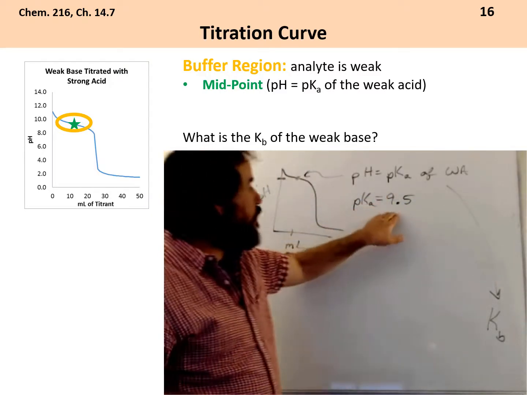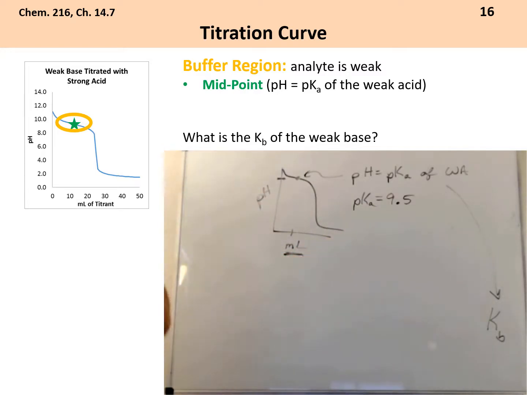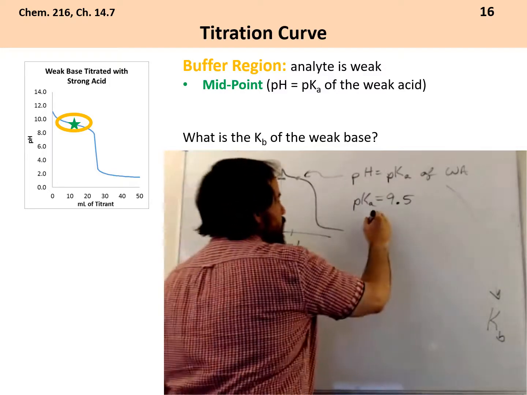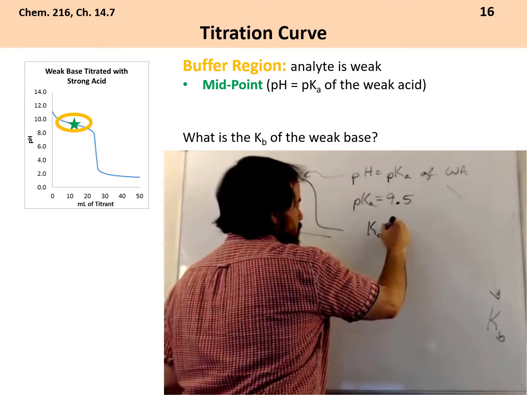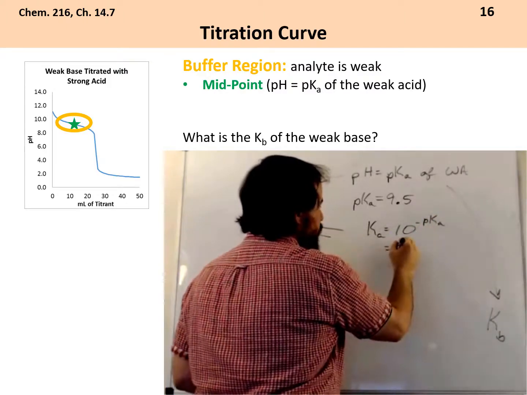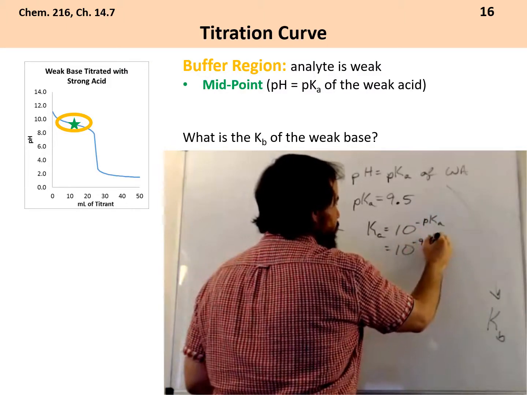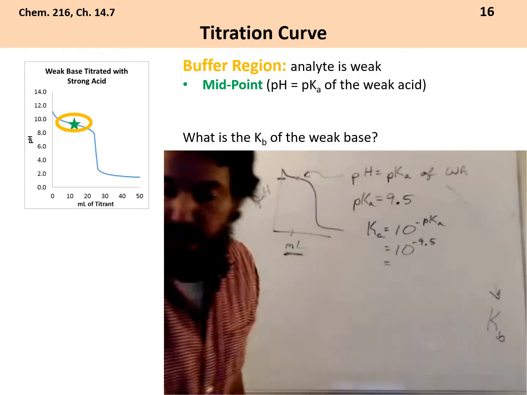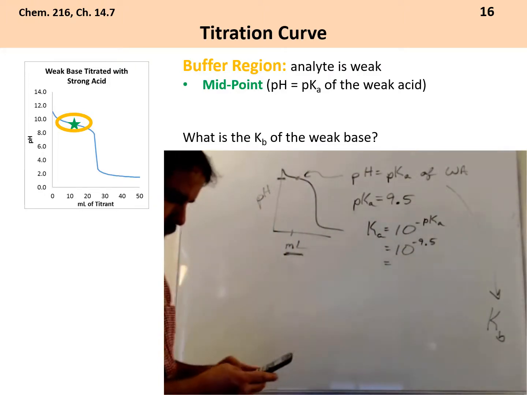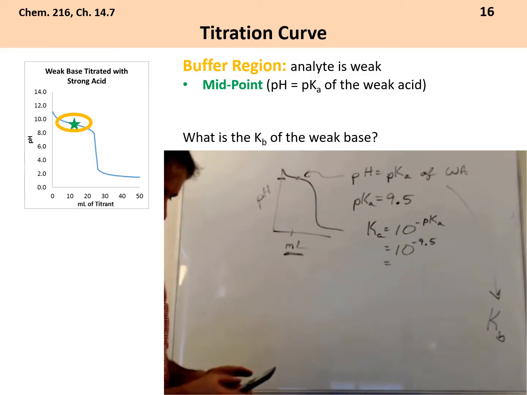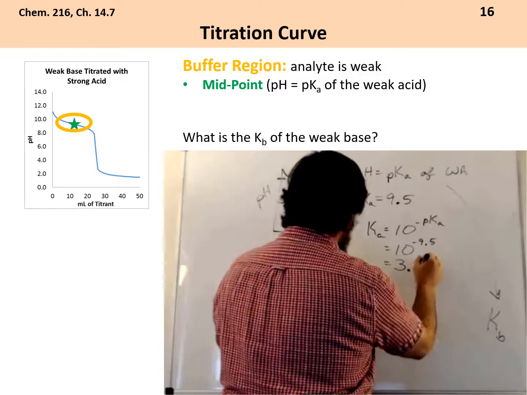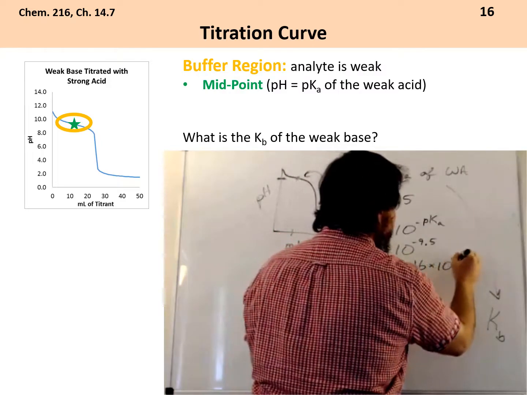So how do I go from pKa to Kb? Well, I need to remember that Ka equals 10 to the minus pKa, which equals 10 to the minus 9.5. I do this on my calculator and I get 3.16 times 10 to the minus 10.